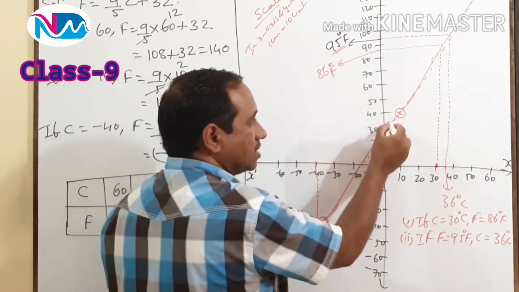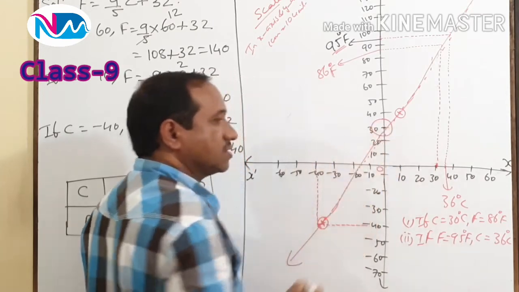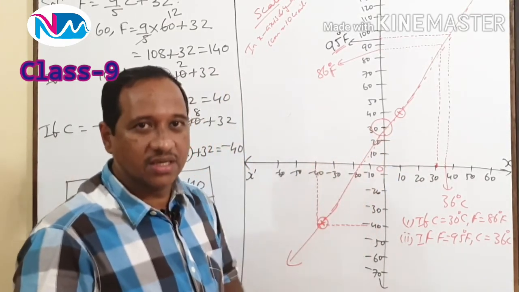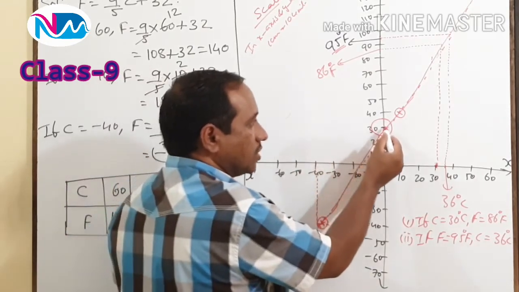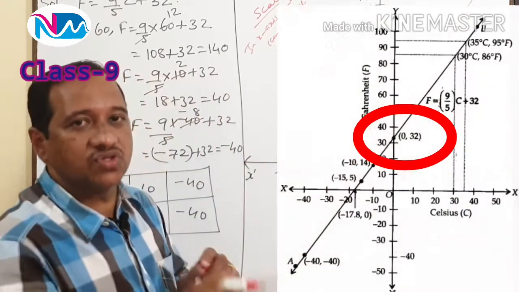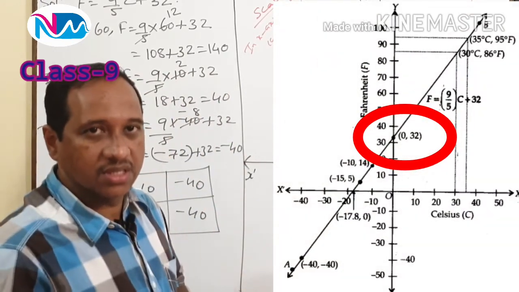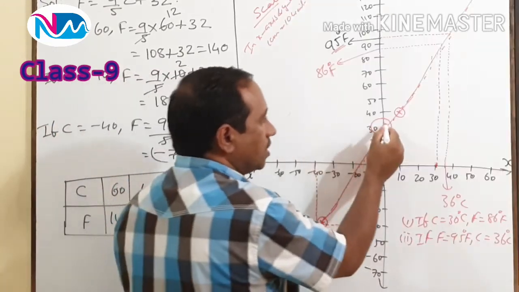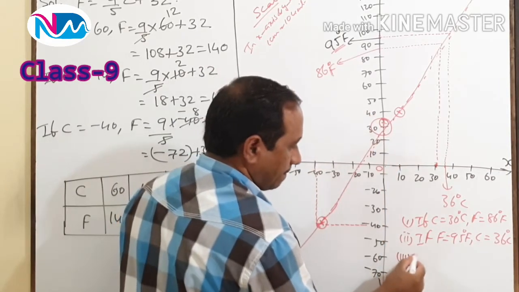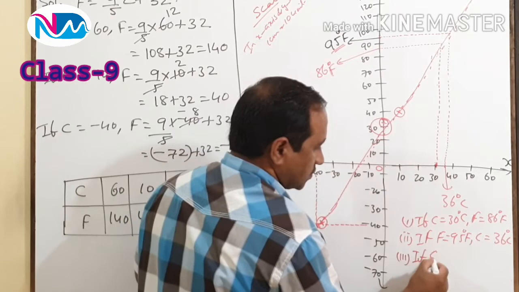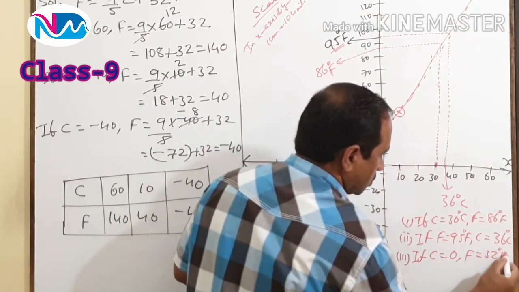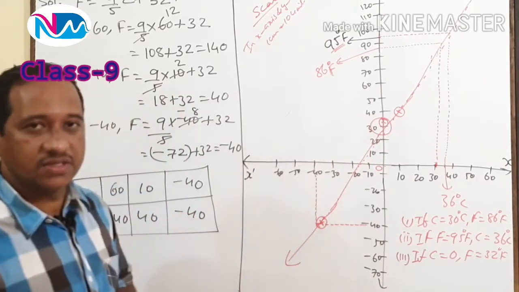It is here passing through this point, but here the graph is not accurate. Here it passes through a point below 30, but if you draw this using a graph paper, then you can see that it will pass through the point 32. That means if C is equal to 0, then F will be equal to 32 degrees Fahrenheit.